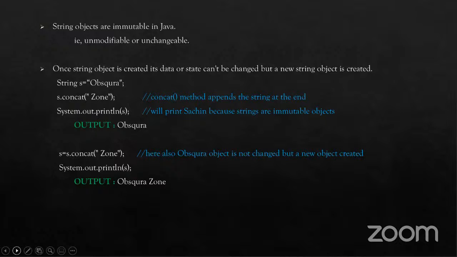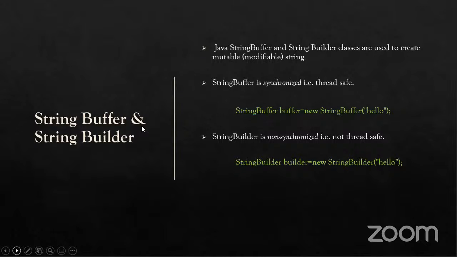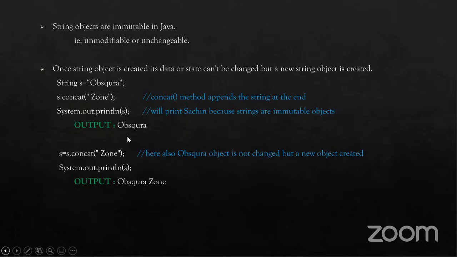Concat is a predefined method in the String class itself to concatenate something with our string. So s.concat zone, and then printing s. This will not modify our string.